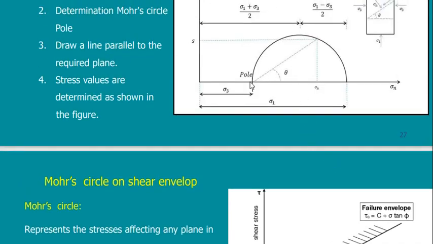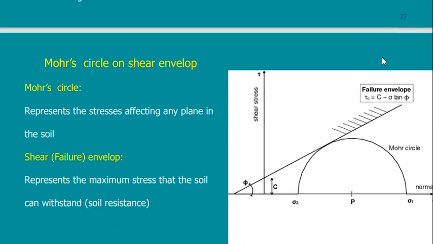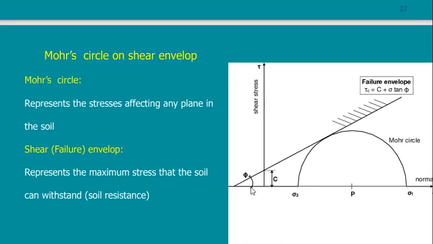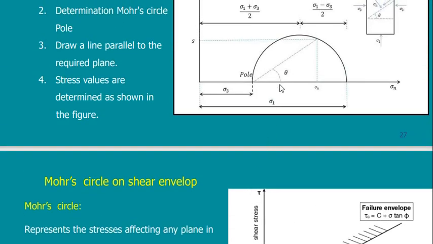But if I connect this point to any point here with an angle, it will give me the normal and shear stresses at this inclined plane. So this is the difference between phi, this is phi, and theta, this is another thing.